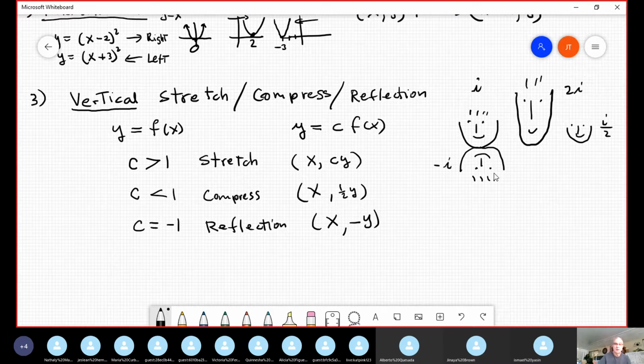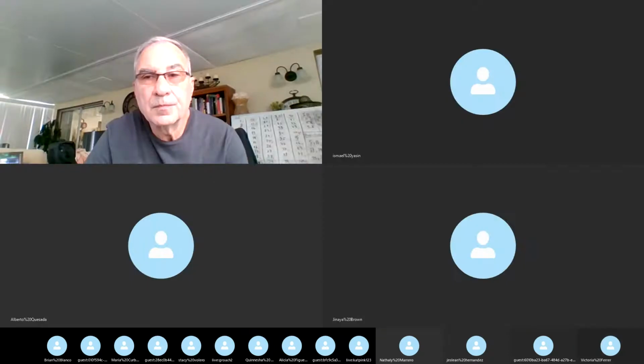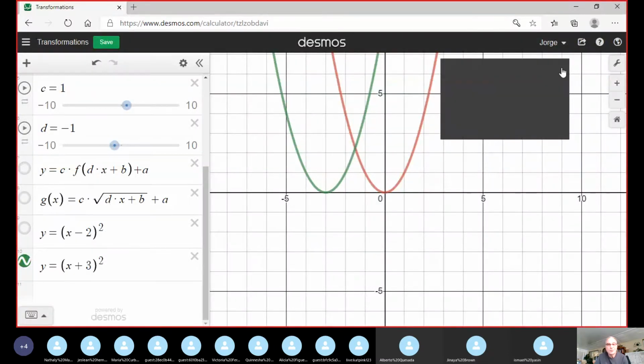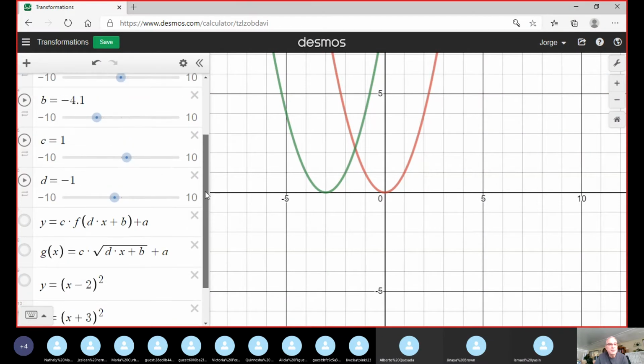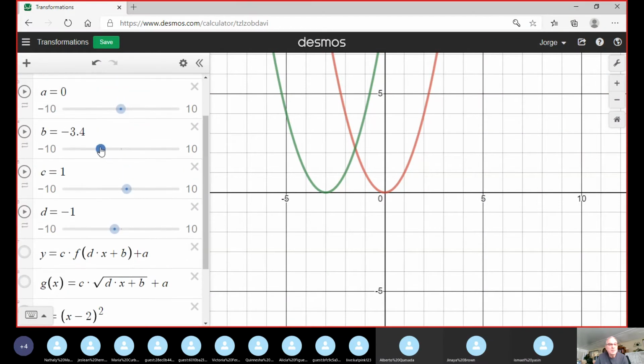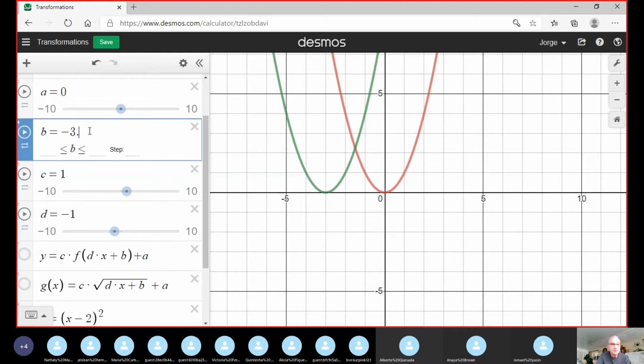Let me try to understand in Desmos, and now you see more clear. Okay, switch into Desmos. Again, we have now, put this in 0, no translation.